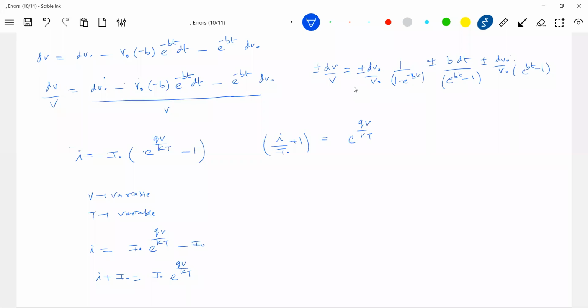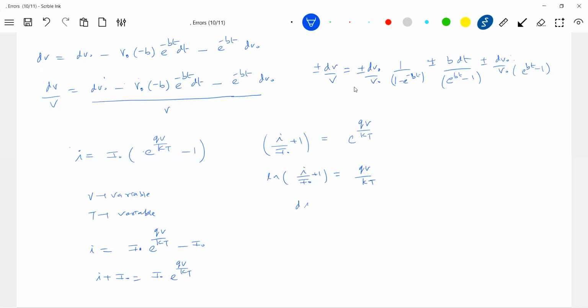Okay, agree with this. What we did is take I naught common and we get this here. So I'll take log on both sides now. This will become qV by kT. Now I'll differentiate this. What is the derivative of log?